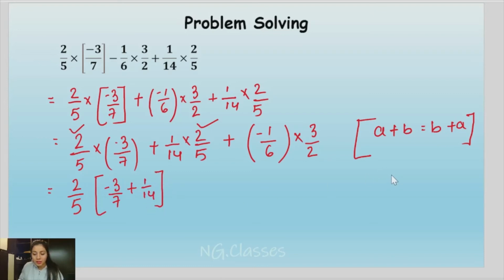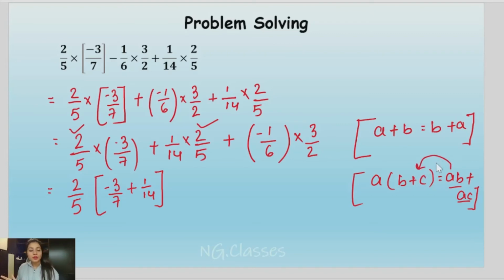What I am applying is the reverse of the distributive property. If there is A outside the bracket and B plus C inside the bracket, I can write it as A into B plus A into C. So we are having this one, and we are writing this one.